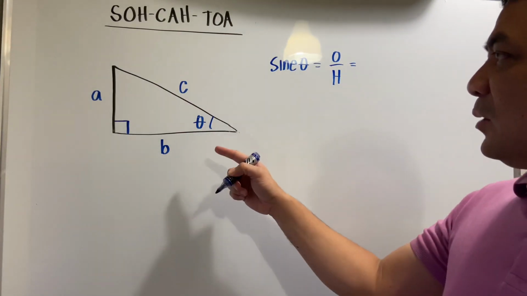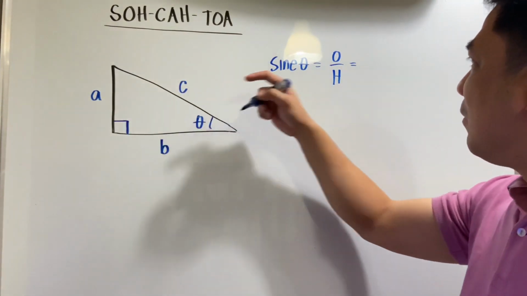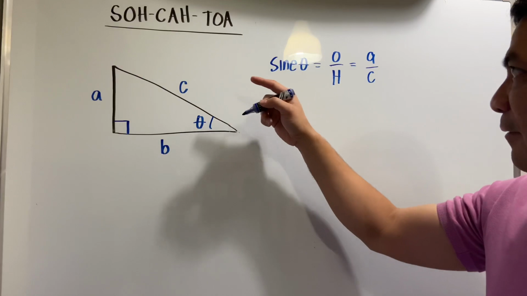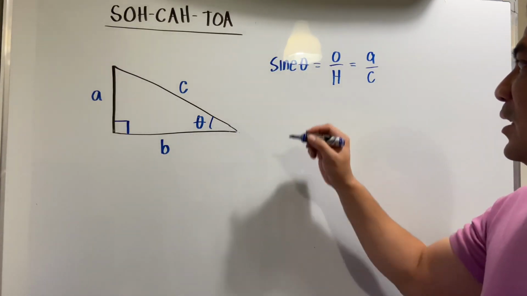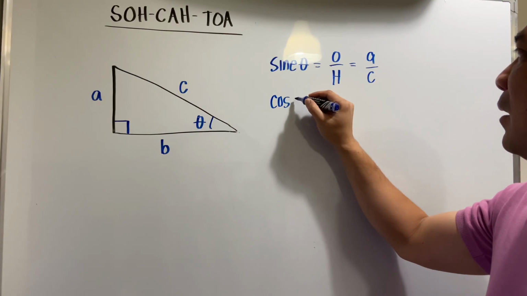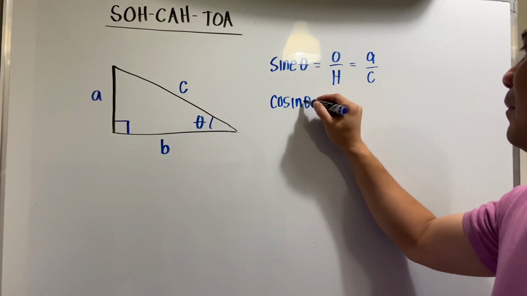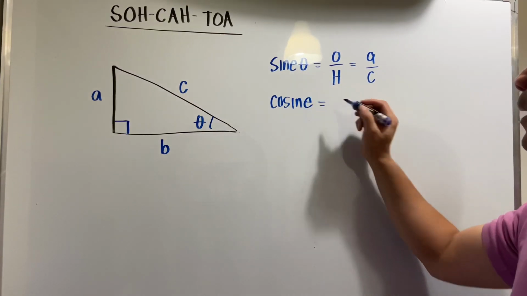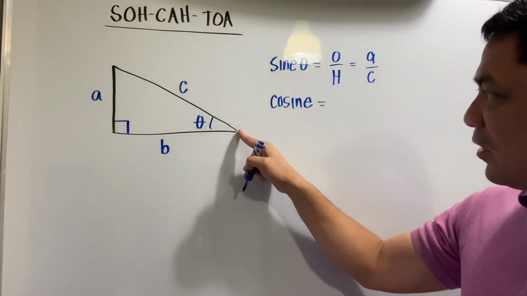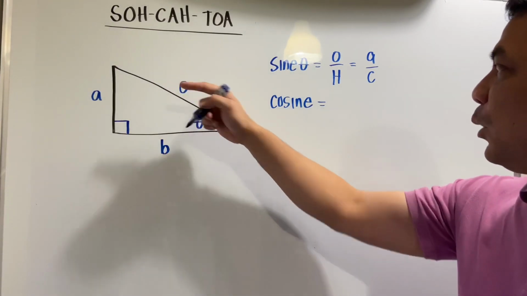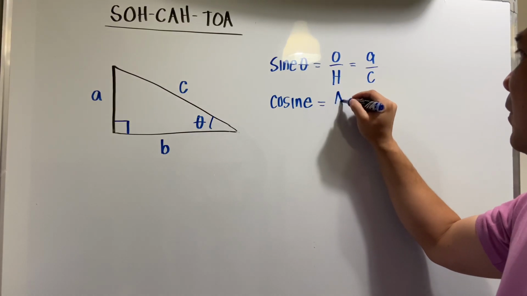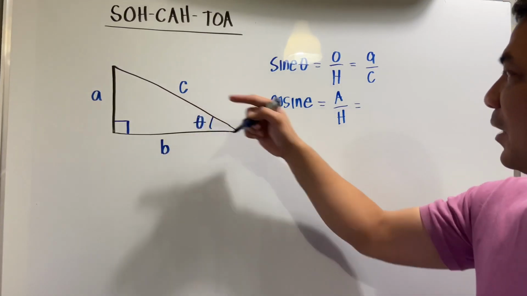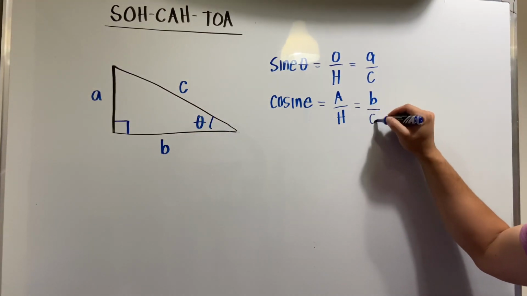So if I want to take the sides, it will be A over C. And if I want to use another trigonometric ratio, which is cosine theta, it will be adjacent over hypotenuse. This is your reference angle. So if you take the sides, this will be adjacent over hypotenuse, which is B over C.